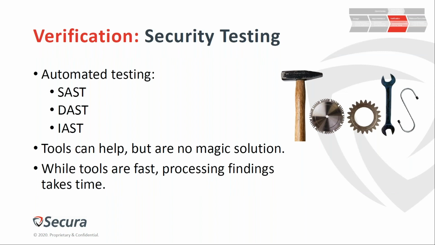Therefore, we still need regular security testing. And we can do this manually, but nowadays we prefer to run tools that do it for us. And within these tools, we have so-called static application security testing tools, or SAST tools. And these look at your source code.